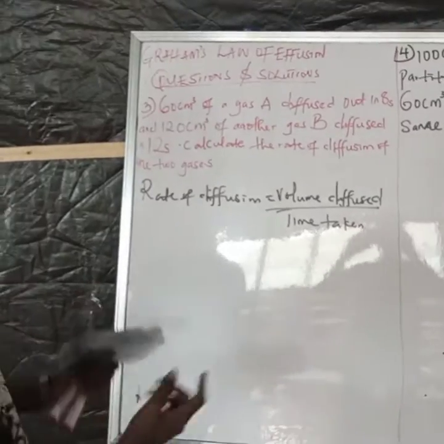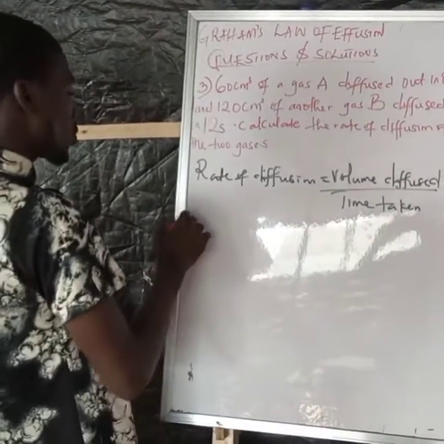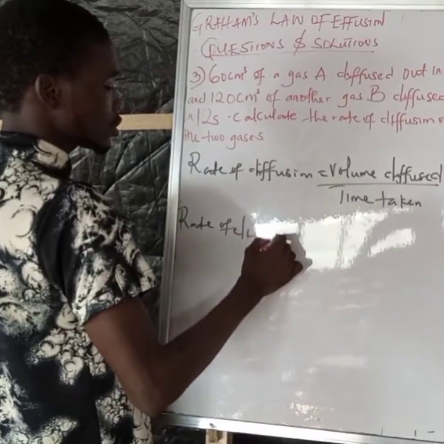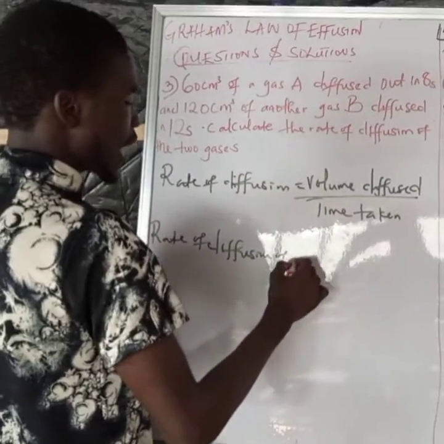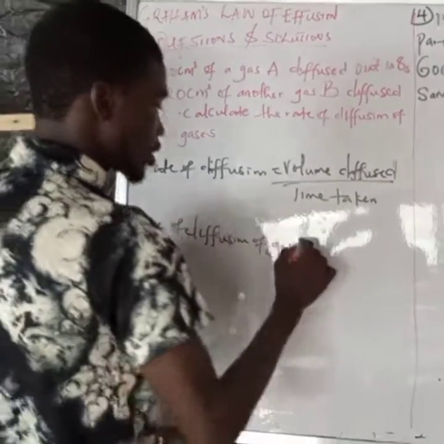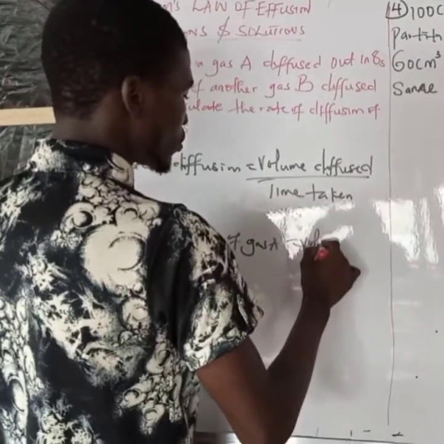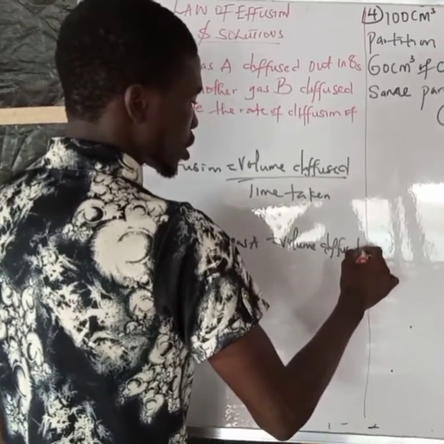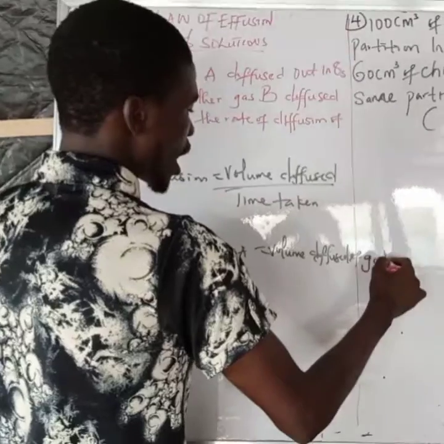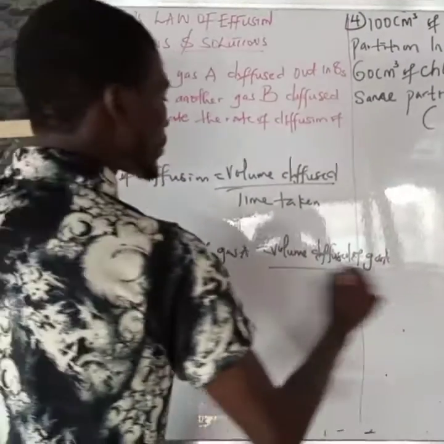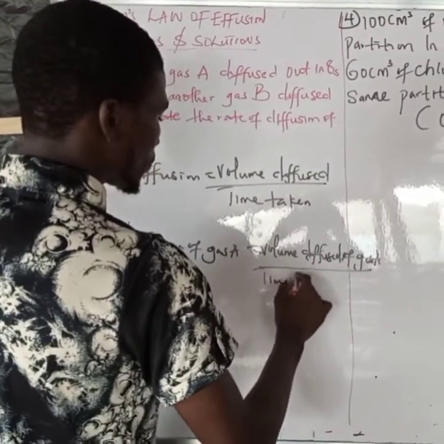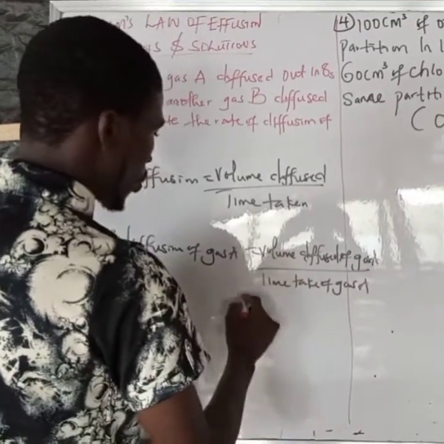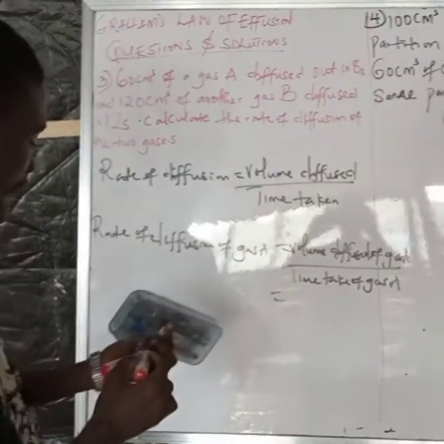So if you are to attempt a question like this, say rate of diffusion of gas A is equal to the volume diffused of gas A, divided by time taken of gas A.